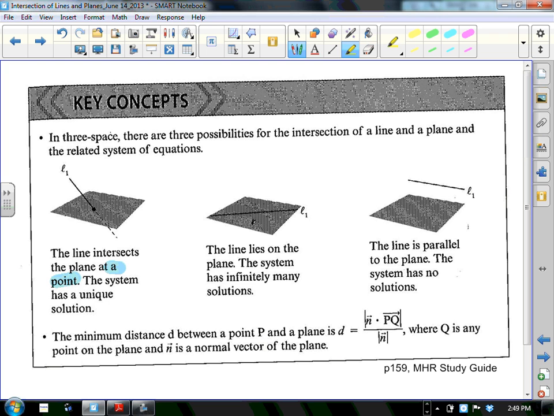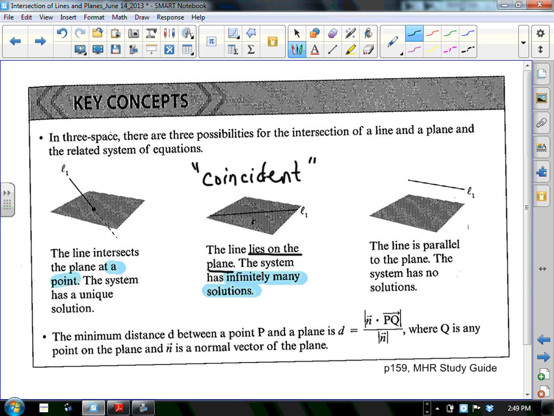Secondly, you could have infinitely many solutions, and that would occur if the line is coincident with the plane, meaning that it entirely lies on the plane, as you can see here.